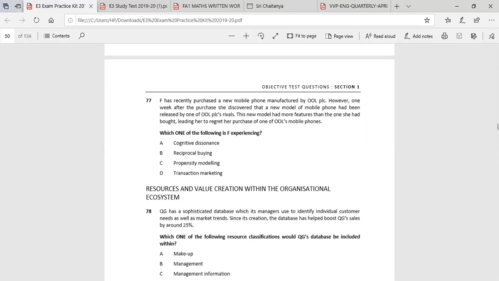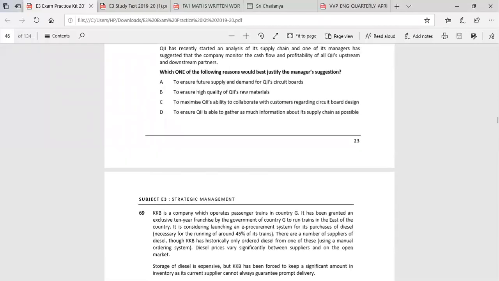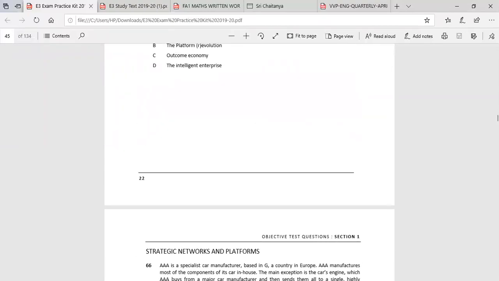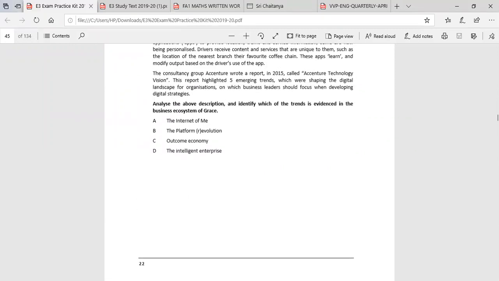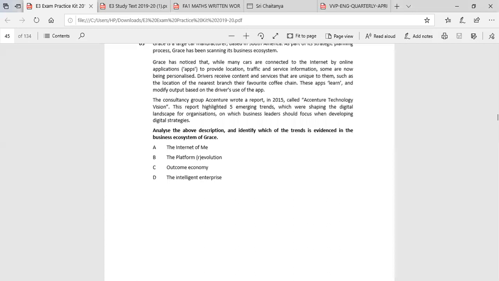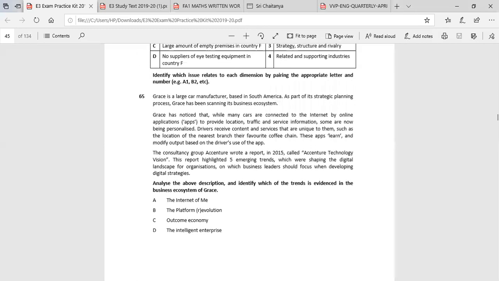Q65, we still have to do something related to the technology aspect of it.